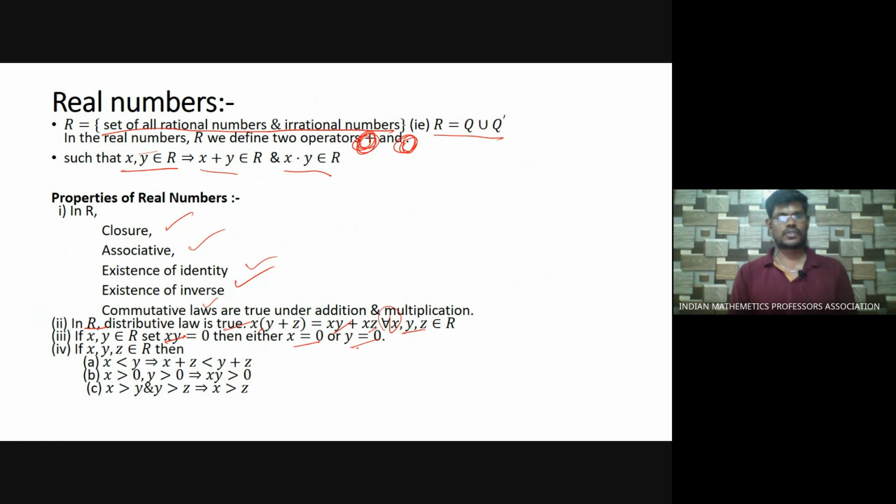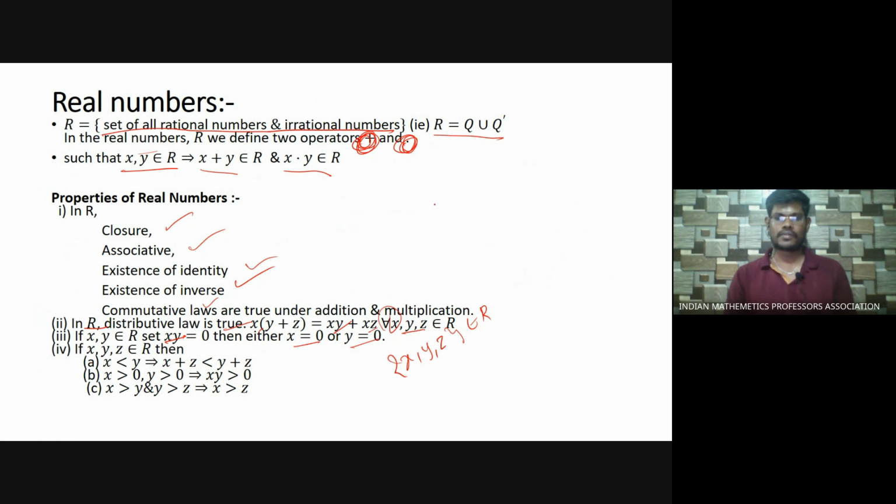Okay, so this is one of the properties. The next one: if x, y, z belong to R and x is less than y, then x plus z is also less than y plus z. Okay, so we can check with numbers.